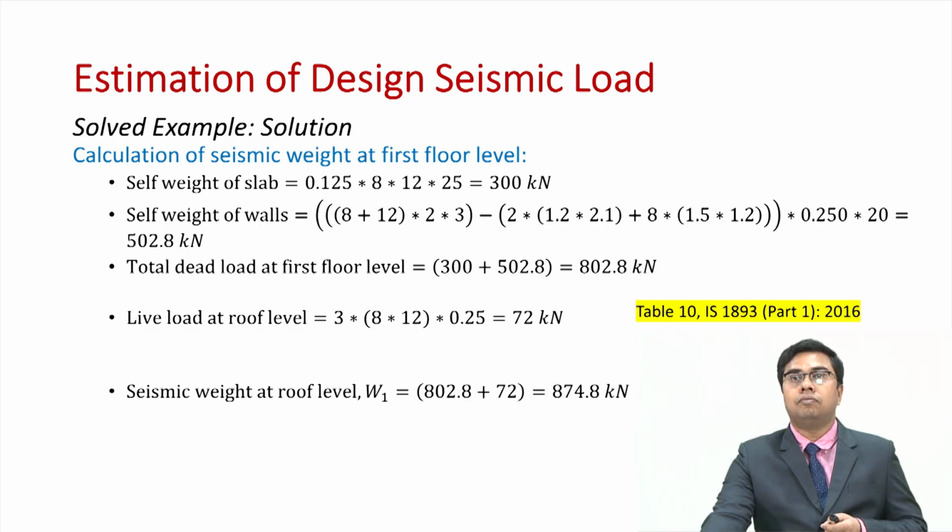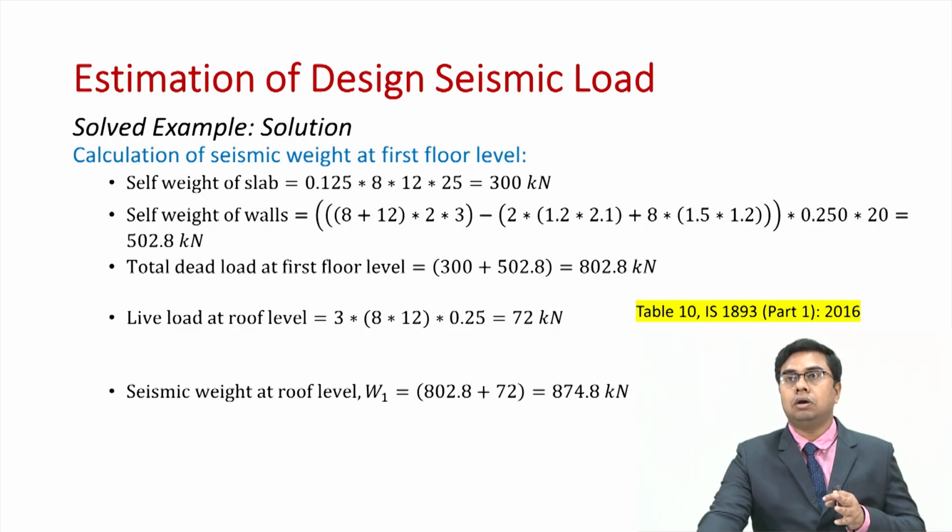The self weight of walls in this case is obtained as we have considered the wall coming from both the stories, that is half from below and half from above. So, we have considered the wall perimeter as 8 plus 12 into 2, and this is the height, that is 3 meters. From this we have removed the openings. We have considered openings to be half on either side.